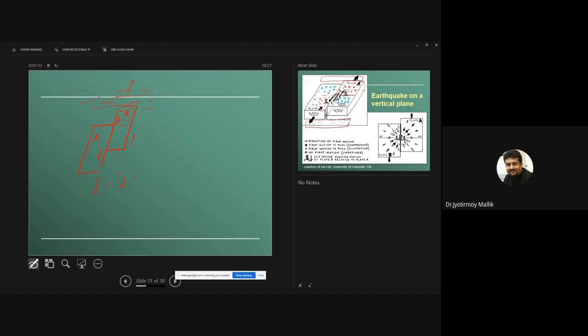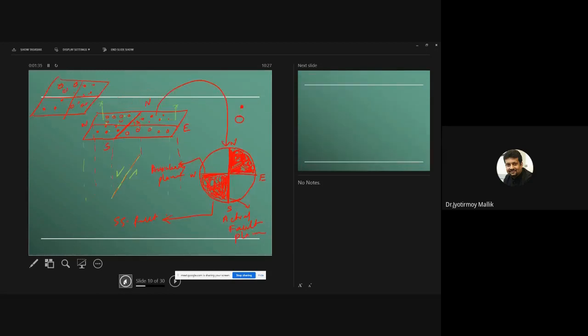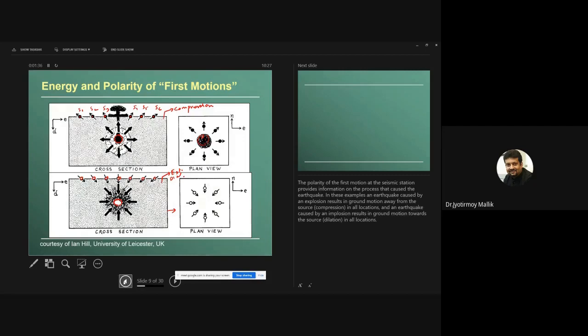Okay? So I will observe a dilation. With the same logic, I will observe extension here. I will observe compression. I have actually drawn it a little too far. This was a better diagram.